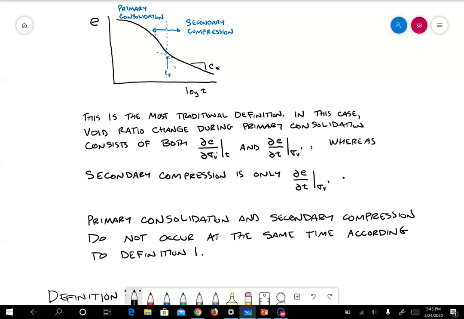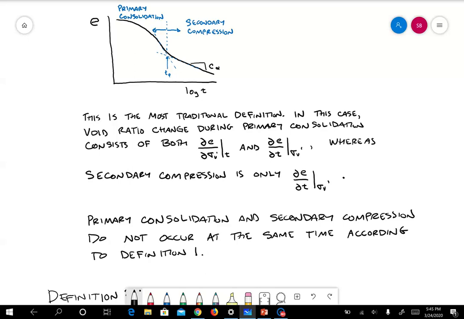This definition is a little bit unsatisfactory to me, because we still are getting this de/dt at constant σ'v happening before tp. So from a mechanistic perspective, whatever is causing secondary compression to happen is also happening during primary consolidation. You could also think of it this way.